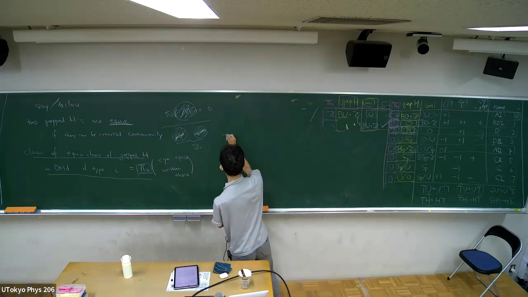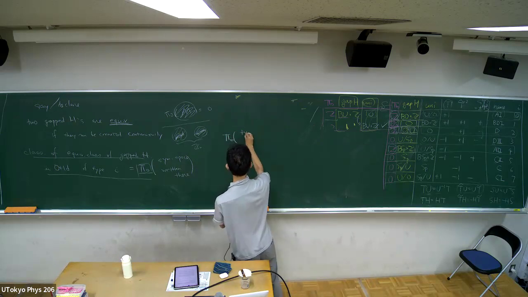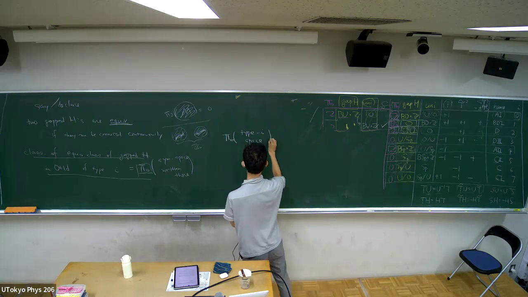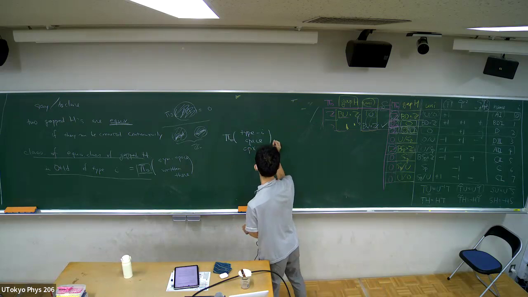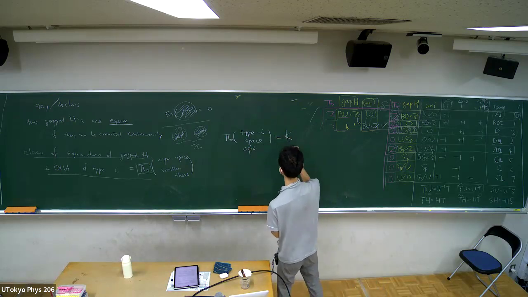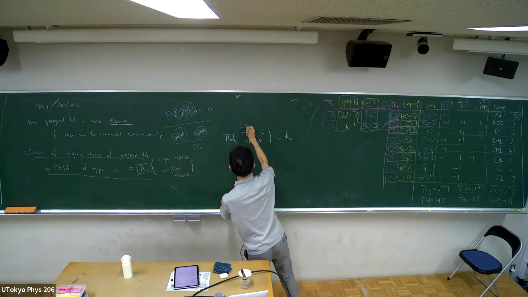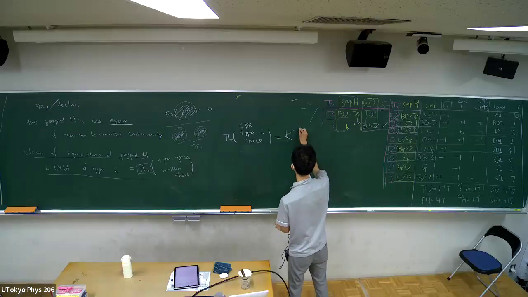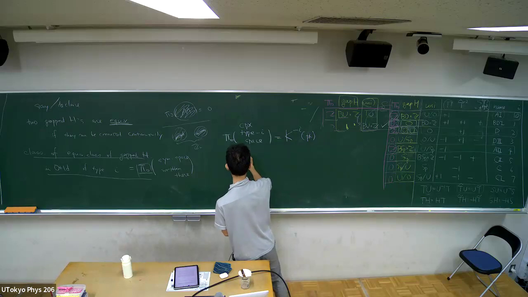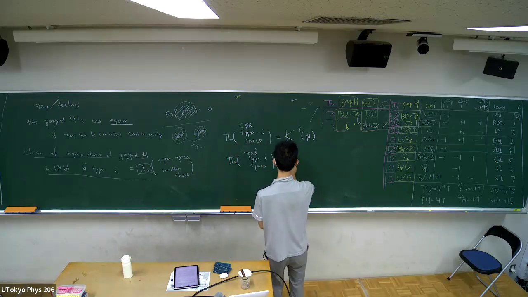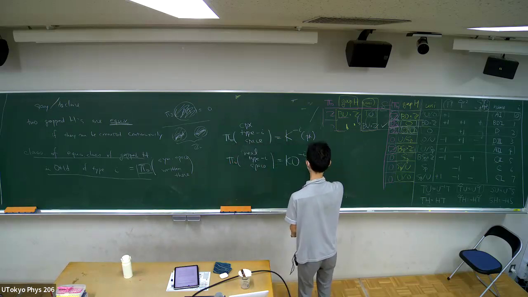So pi 0 of this type of space, for lack of better words, in the complex case is denoted as K minus I of a point. And pi 0 of the real type I space is known as KO minus I of a point.